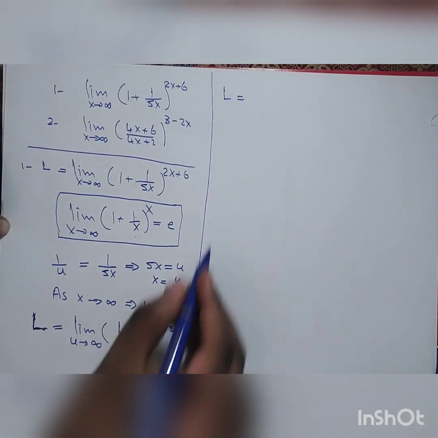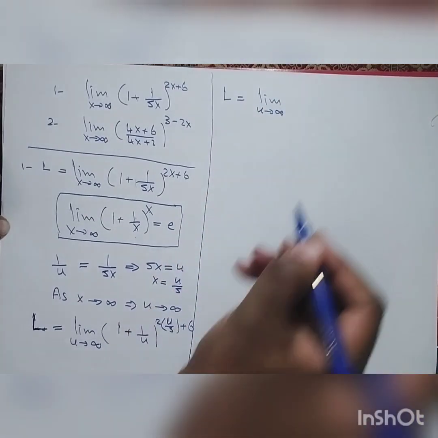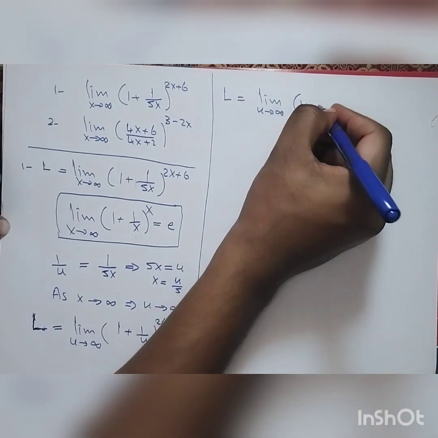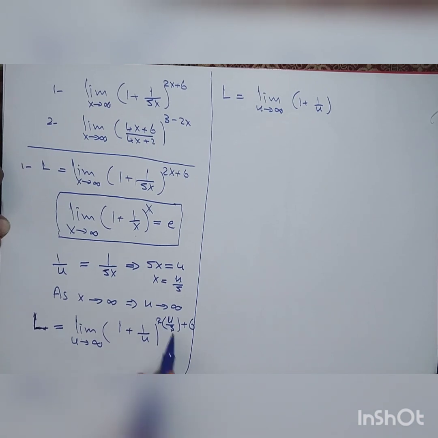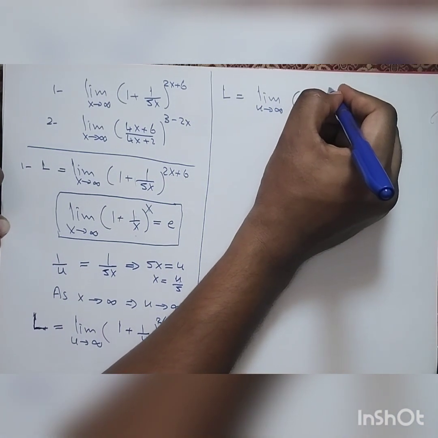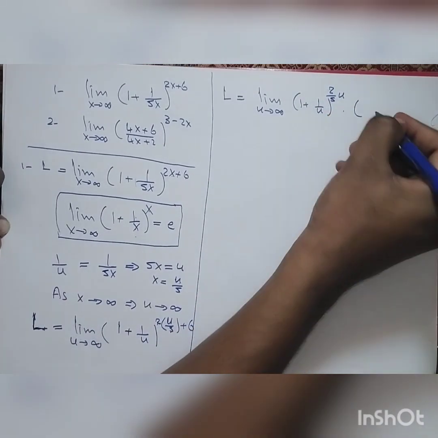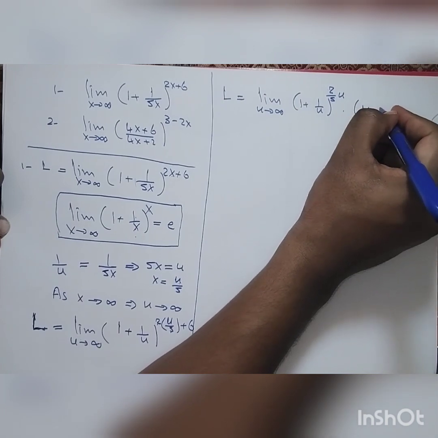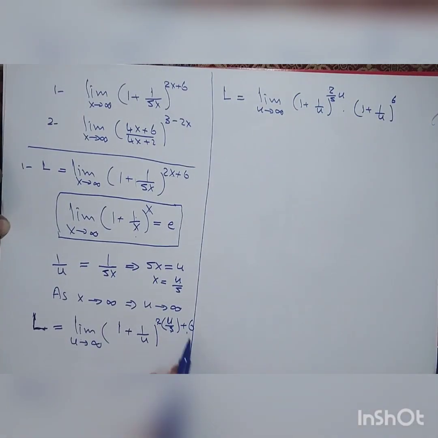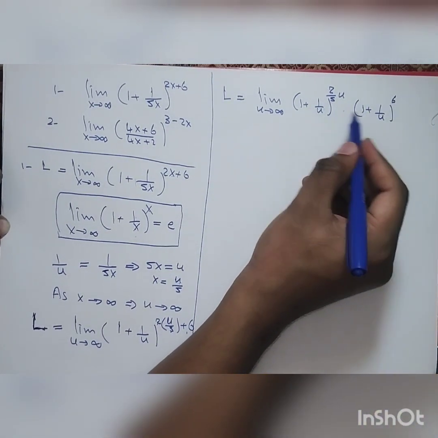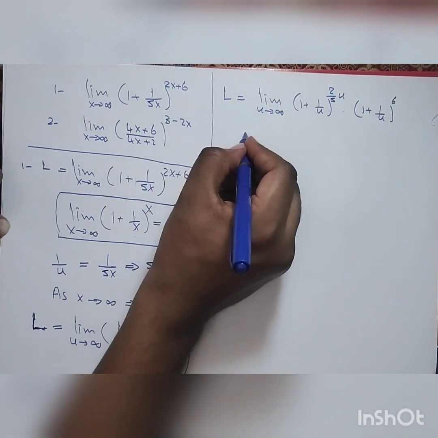We could rewrite this again: the limit as u approaches infinity of 1 + 1/u, with the first exponent being 2 divided by 5 times u, and this will also be times (1 + 1/u) to the power 6, because if we just multiply those two, then we get the whole exponent here.